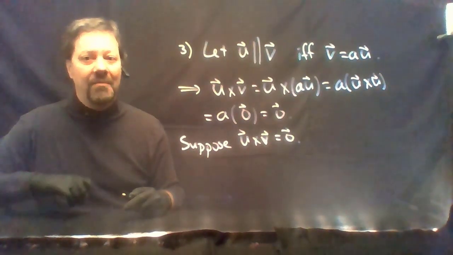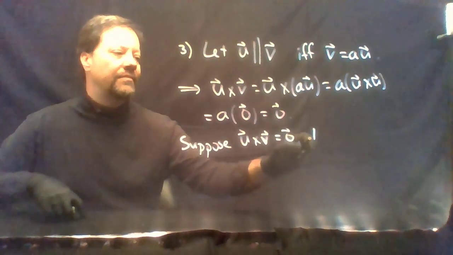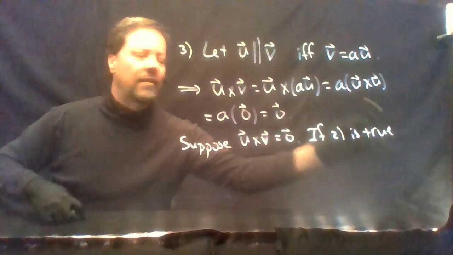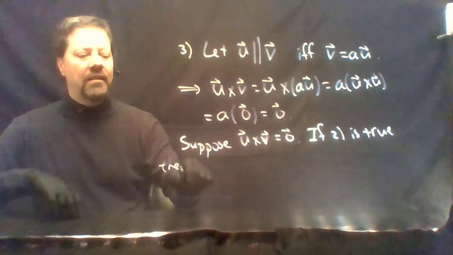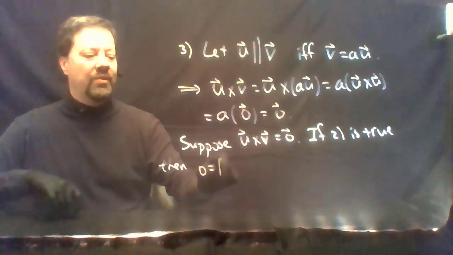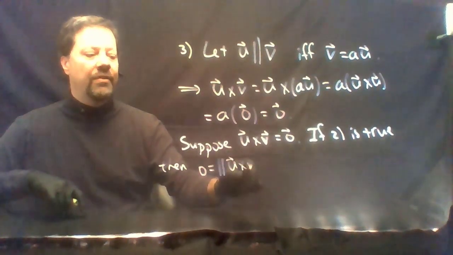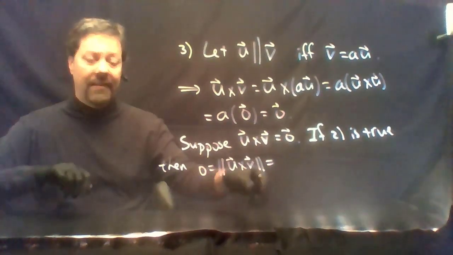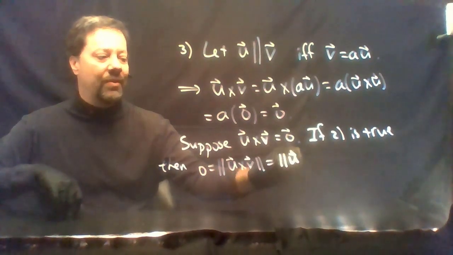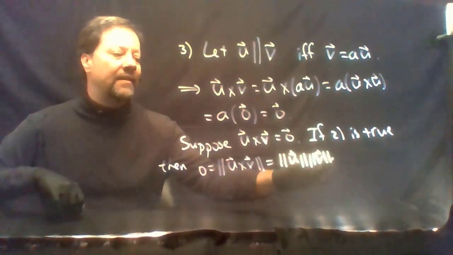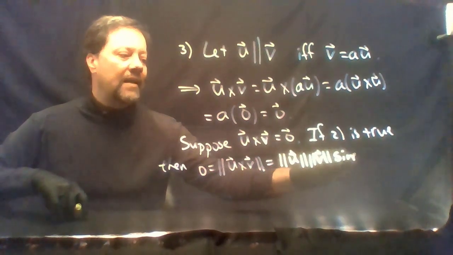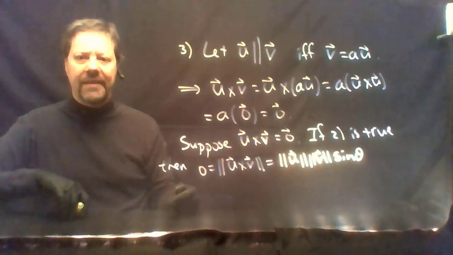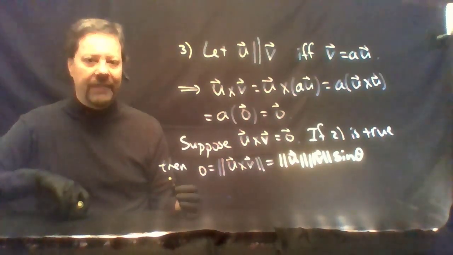Now, if property 2 is true, then 0 will be the norm of U cross V, and property 2 says that is equal to the norm of U times the norm of V times the sine of the angle theta between them. We'll assume for this theorem that U and V are not 0 vectors.